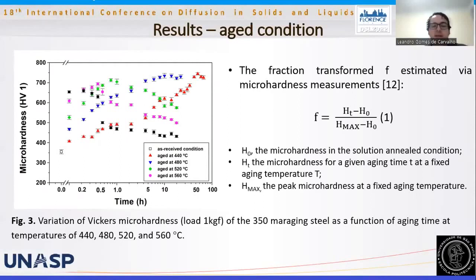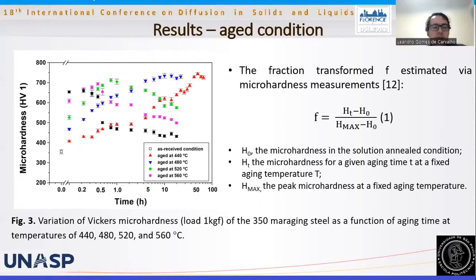Obtaining the fraction transformed is essential for the KJMA and Austin-Rickett models, and can be performed based upon the microhardness data obtained from the aged samples presented in Figure 3. Equation 1 shows how the fraction transformed is calculated, which is estimated via microhardness measurements.